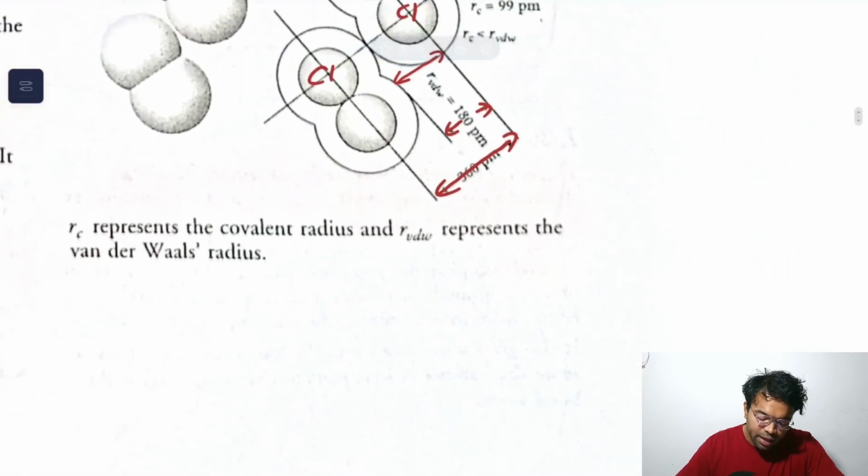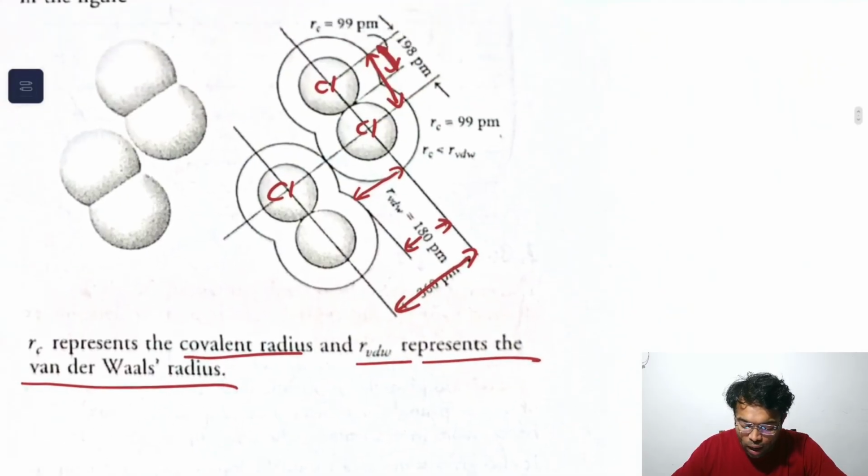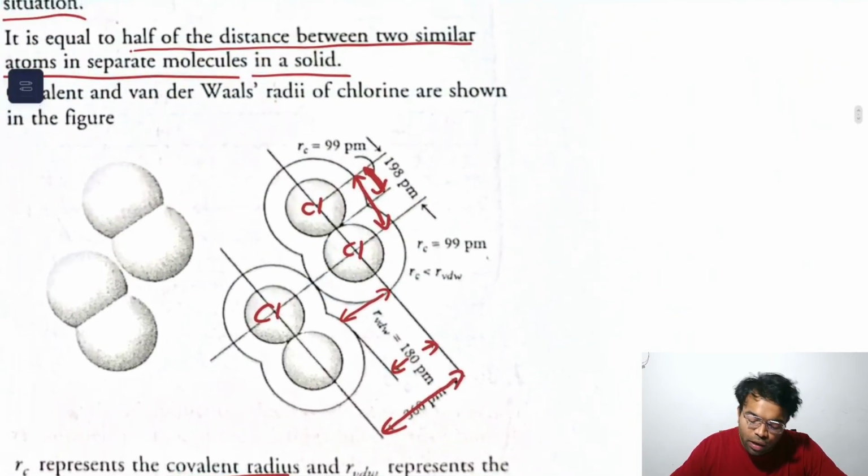So, Rc represents the covalent radius and R VDW represents the van der Waals radius. Okay, you have the covalent radius and the van der Waals radius. Now, can I say with absolute certainty that the covalent radius Rc will always be less than R VDW, the van der Waals radius?